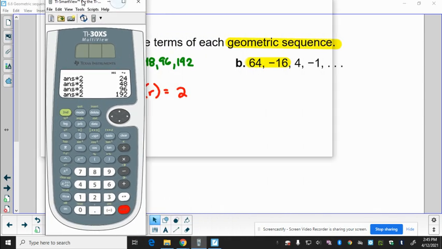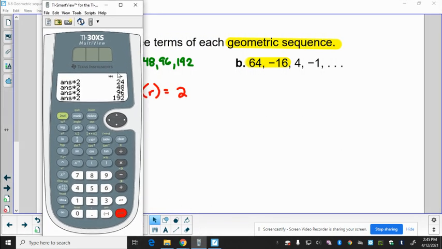Okay, let's take negative 16 first and divide it by 64. So there's our pattern. If we multiply by negative 0.25, that's what's called the common ratio. You can use the letter R to abbreviate that.